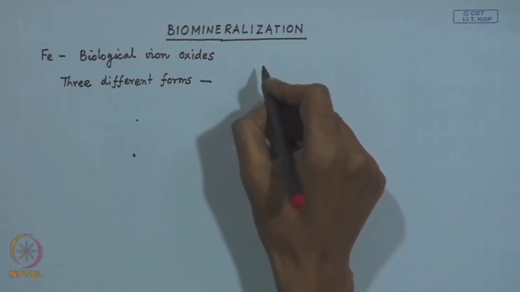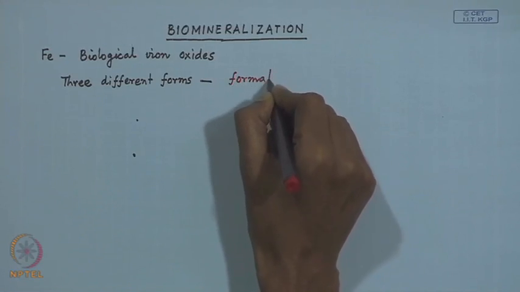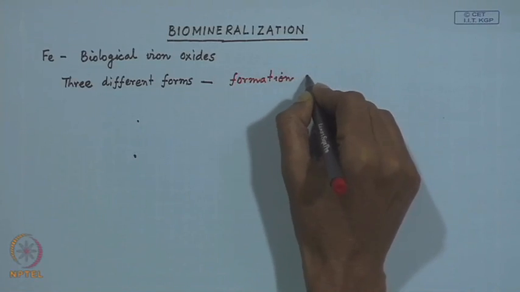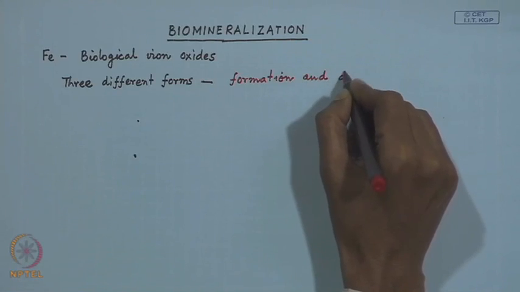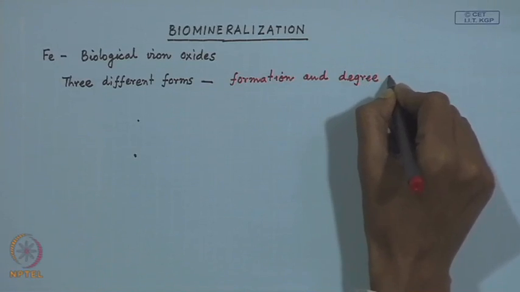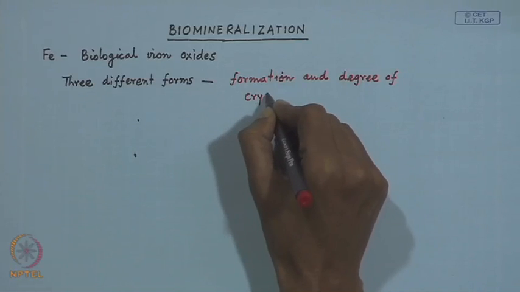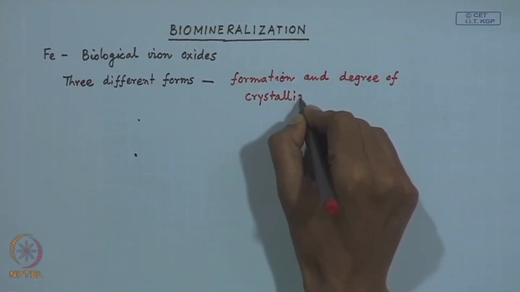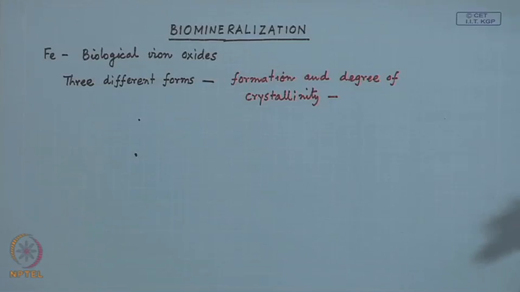The different forms basically control the formation of all these biominerals, how they are formed and their degree of crystallinity, because their crystal structures are different.